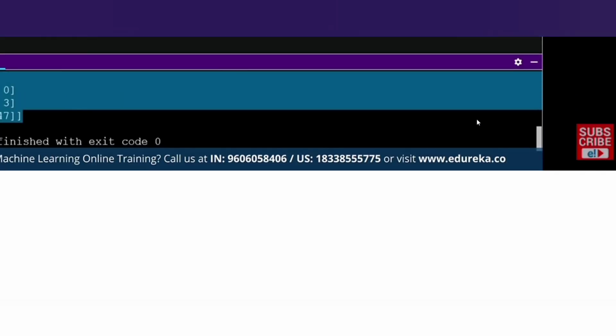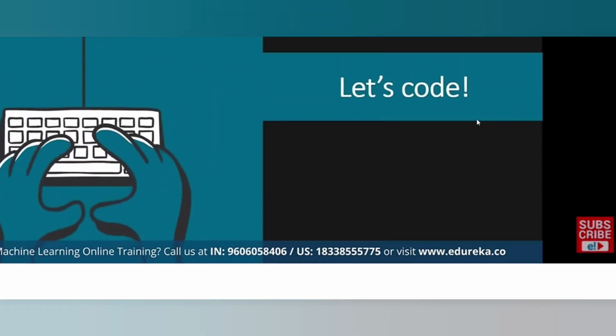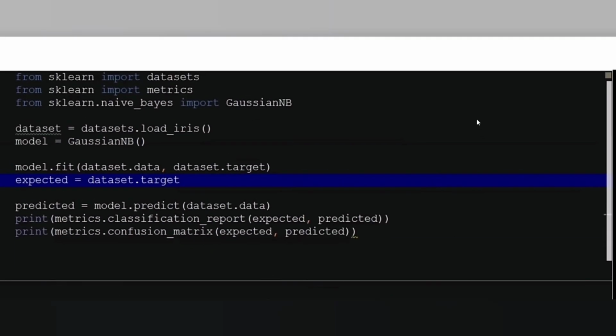The last thing is one example of the code. Let's code here. From sklearn import datasets.